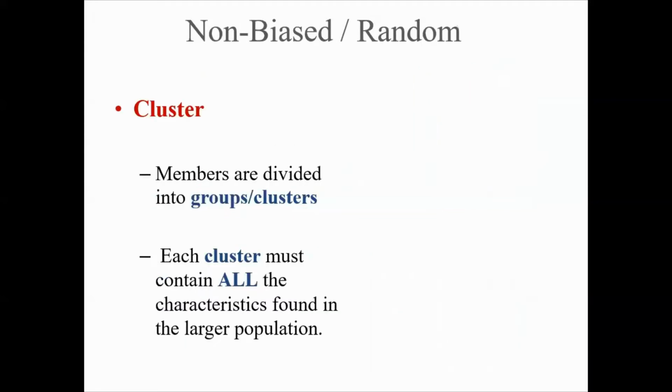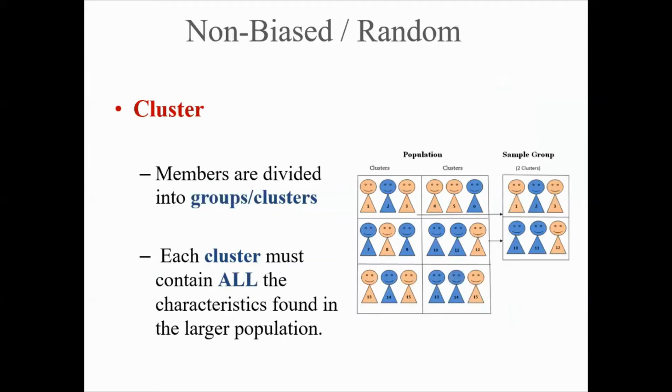The cluster is what I was talking about before. But this cluster now, let me explain the cluster. So members are divided into groups again. And I want someone to explain to me why the cluster is different from stratified. So the cluster, members are divided into groups, but each cluster must contain all the characteristics found in the larger population.